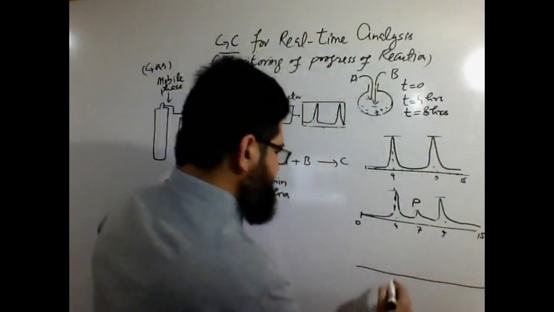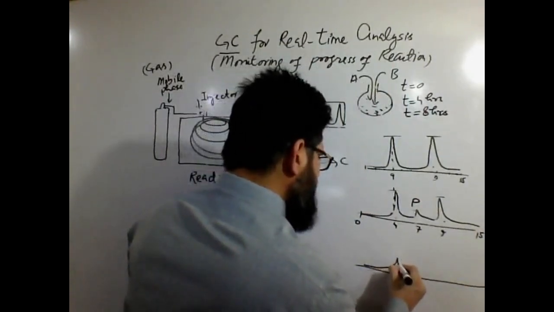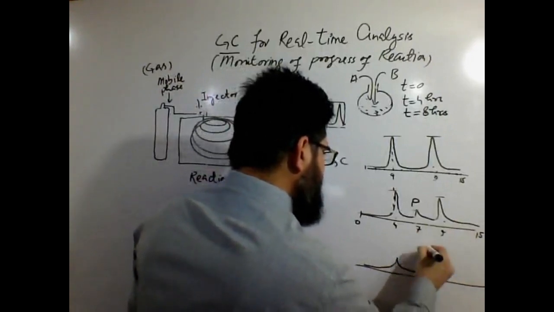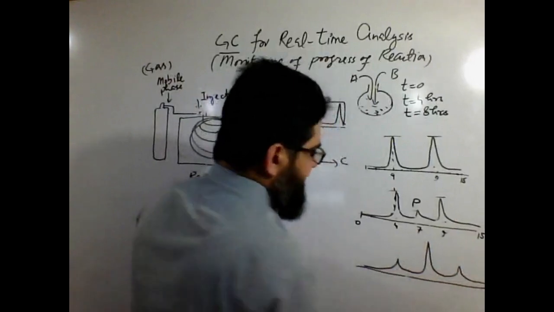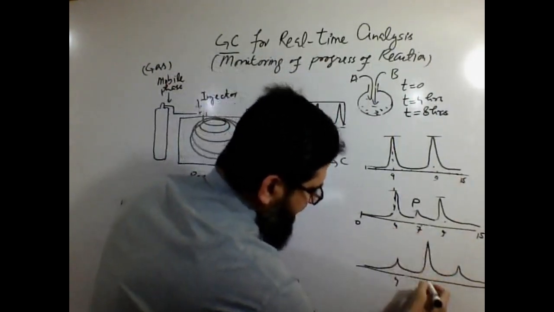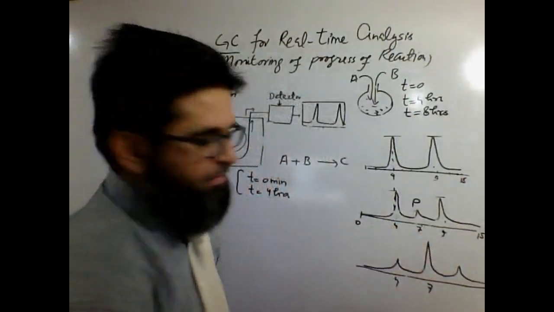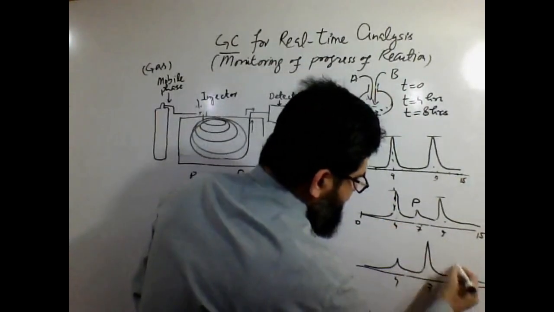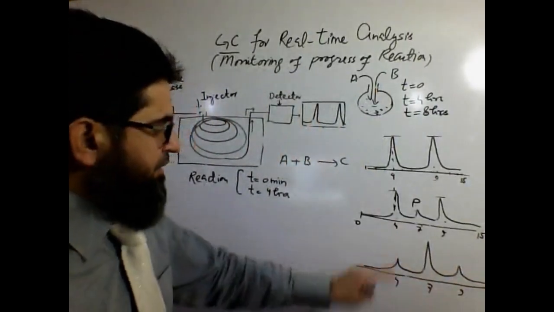Again, what has happened after 8 hours, the peaks have appeared again at 4 minutes. The peak at 7 minutes has risen higher in area, and the peak at 9 has also reduced in volume, in area.